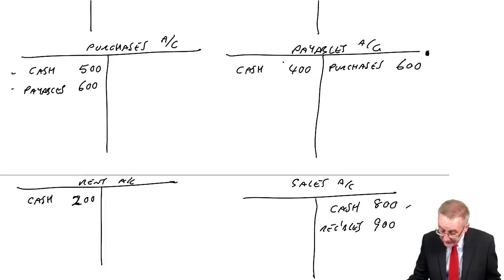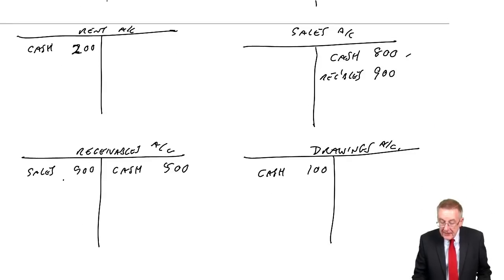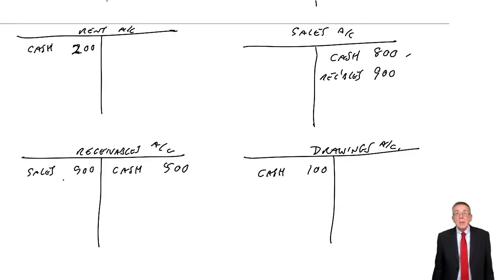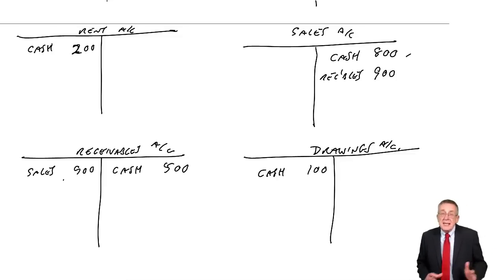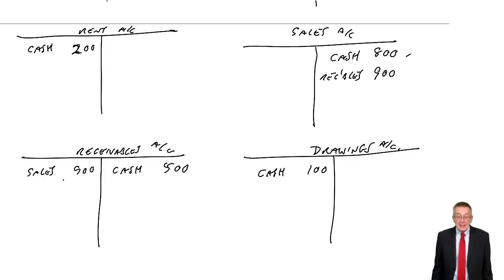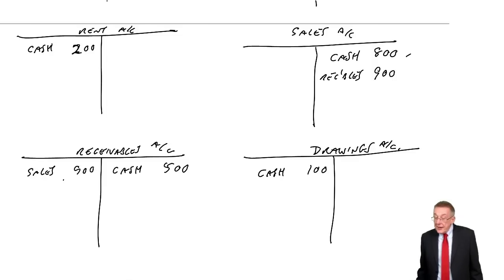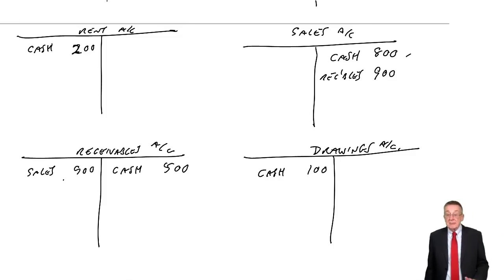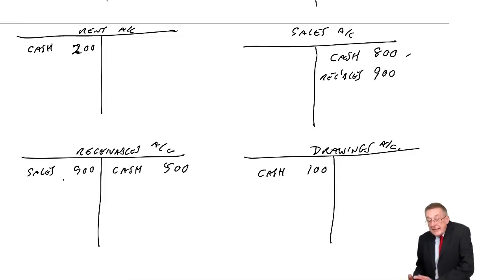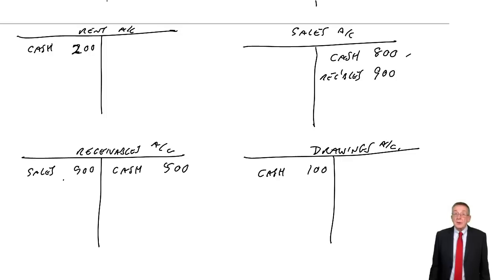Receivables. We debited because they owed us money. But when they paid us, we credit receivables. It decreases the asset. Or finally, income. Sales. When we made sales, we debited cash or receivables. We credited sales to record the income.